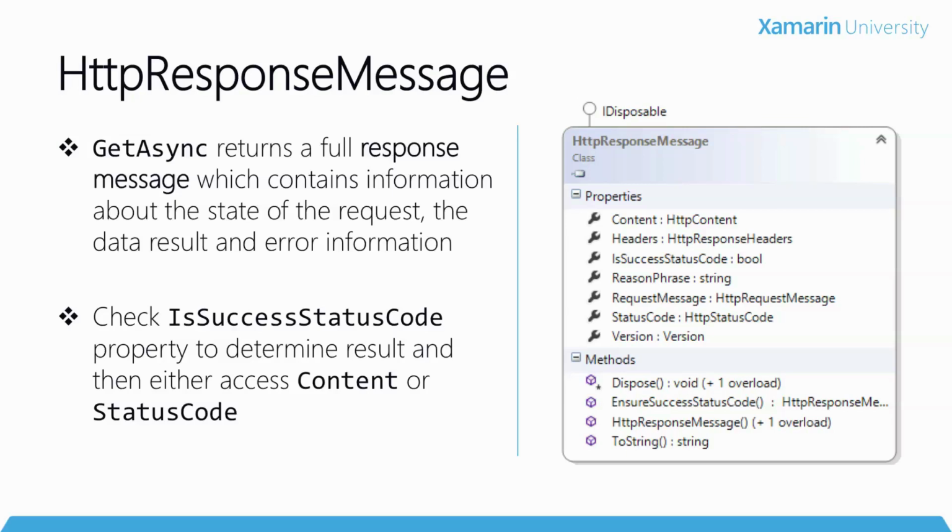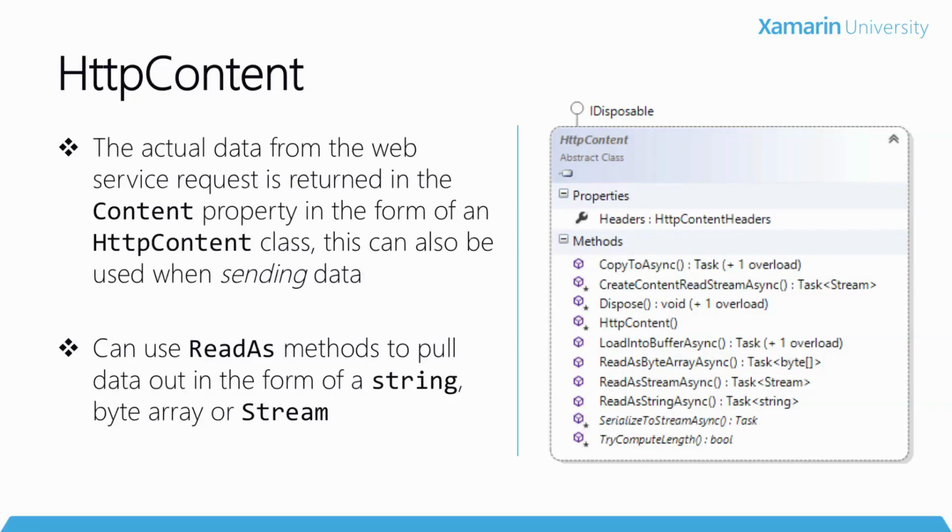You can access the received header information with the Headers property, and the class includes a Content property, which gives you access to the body of the response as another complex type named HttpContent. HttpContent provides a wrapper around the HTTP body and supplies some methods to read the data as a string, stream, or byte array. This is also the object we'll create when we're creating a POST or a PUT request and need to supply a body to the HTTP request.